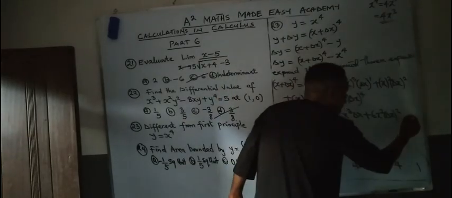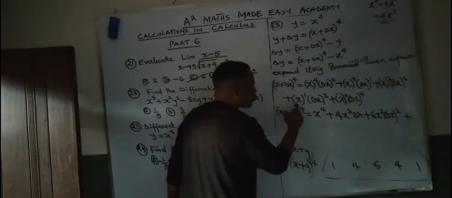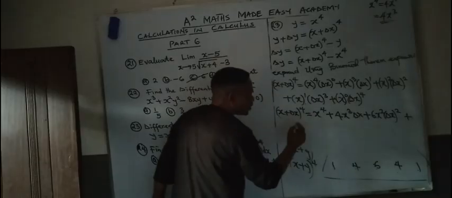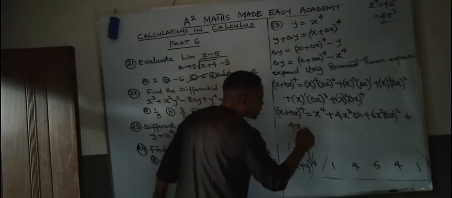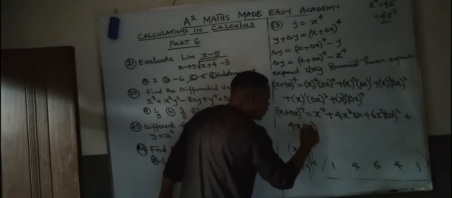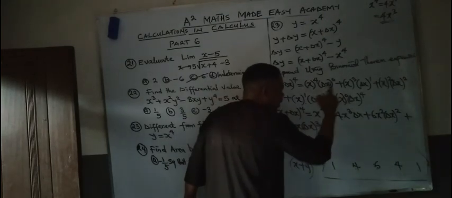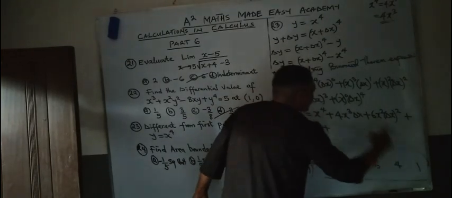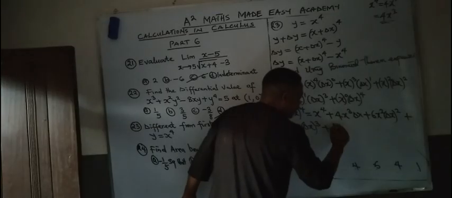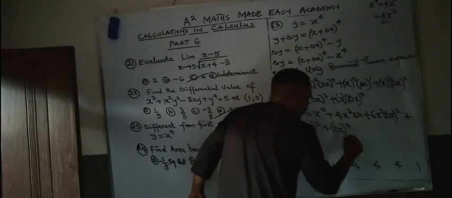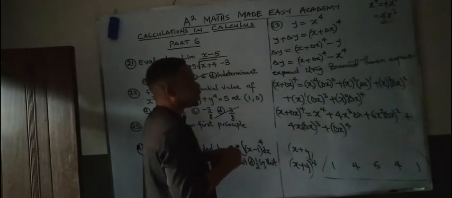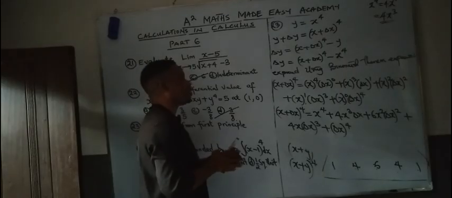Then the fourth one will multiply with the fourth one, which is 4 times x, will give me 4x followed by the second term raised to the power of 3. Finally, anything raised to power 0 is 1, right? So 1 times this will give us the second term all raised to the power of 4. And that is what we call binomial theorem expansion. Do you now understand it?